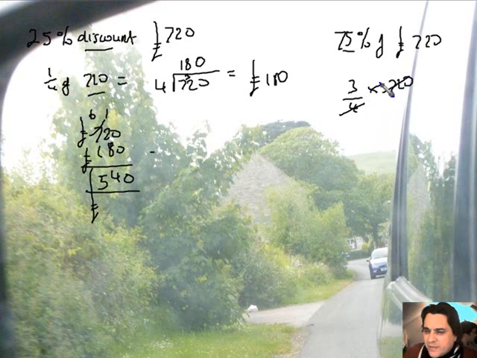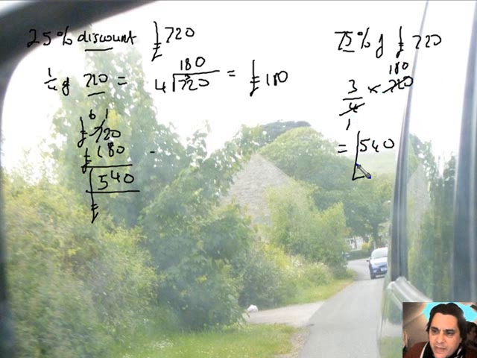Half of 72 is 36, half it again, it's going to be 18, yeah. So I've got 4s into 720, 180, 3 lots of 180, with 3 18s is 54, 0 on the end, it works. So I know I got it right.